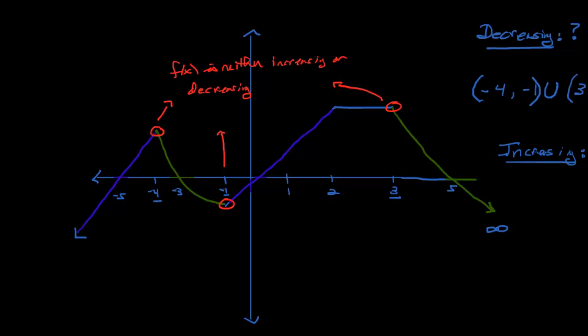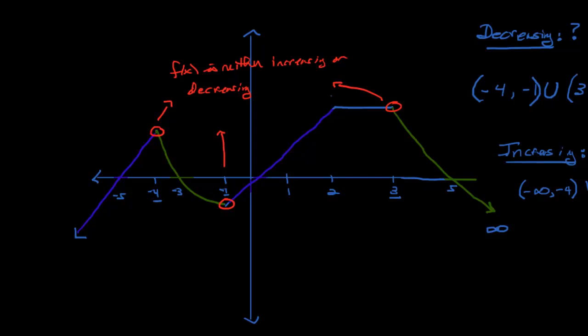So it's going to be increasing from -infinity until -4, and we always enclose infinity or -infinity with a parentheses, and because we're describing an interval, we're going to enclose the -4 with a parentheses, and we recognize that it will also be joined with another interval, so we're going to represent that by a U. And then it's going to be increasing again from -1 until +2, and we're going to enclose these guys with a set of parentheses.